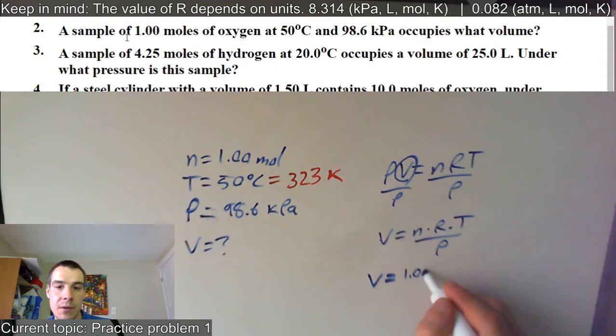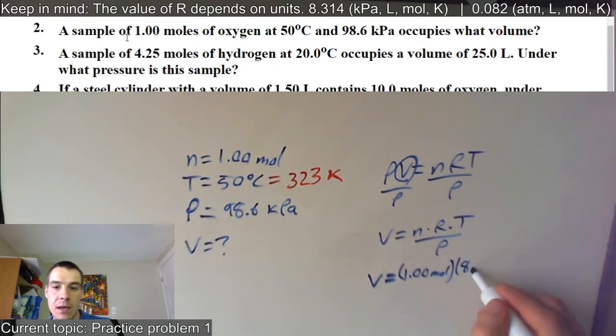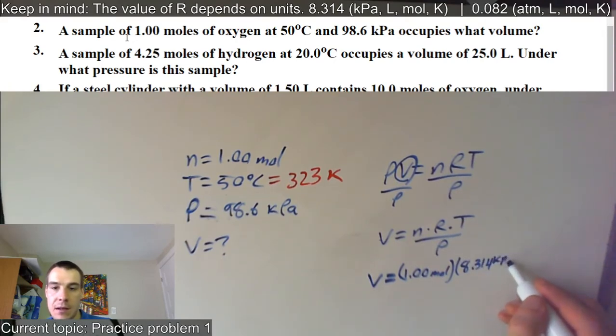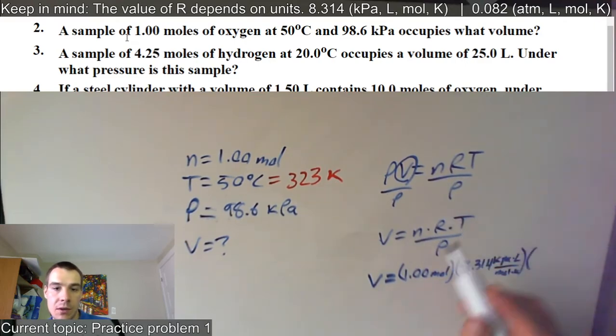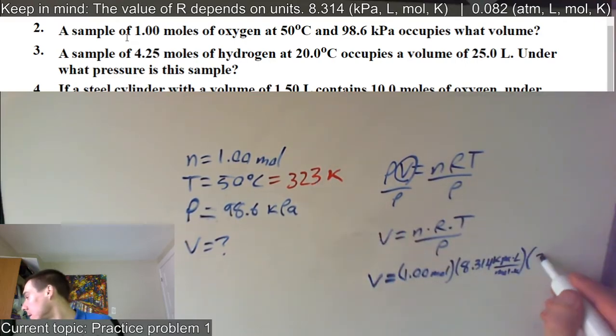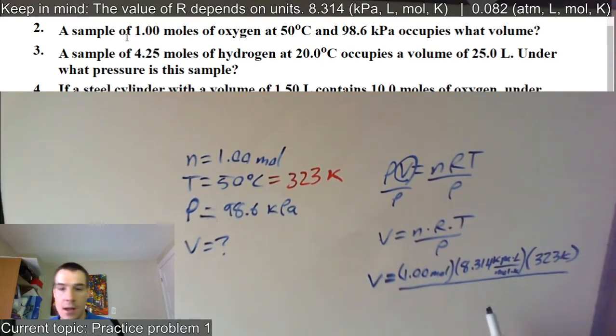So it's 1 mole times 8.314 kilopascal liter per mole K times our temperature, 323 Kelvin. Gotta remember to be in Kelvin for it. And divided by the pressure, which is 98.6 kPa.